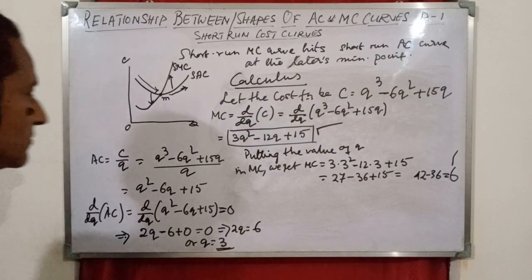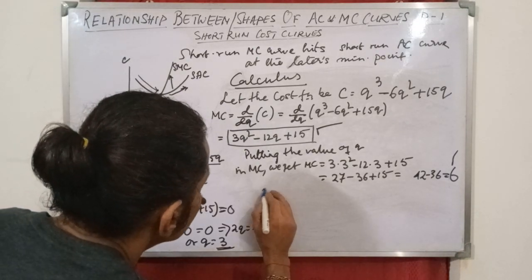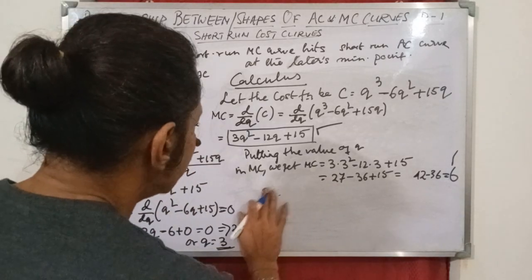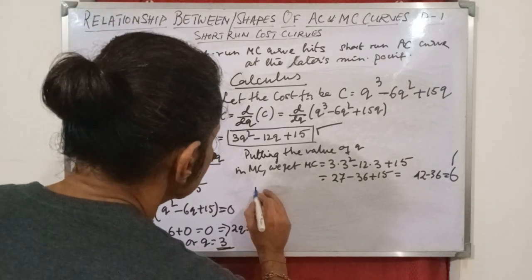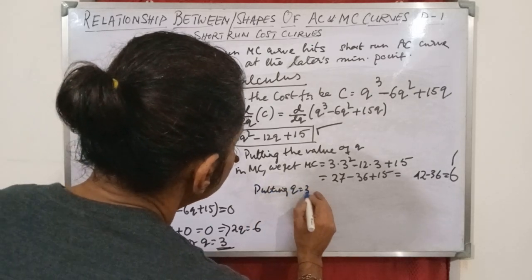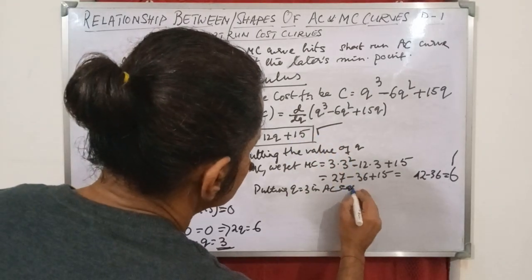Now let's see what the value of AC becomes. Putting Q equals 3 in the AC equation, the average cost equation.